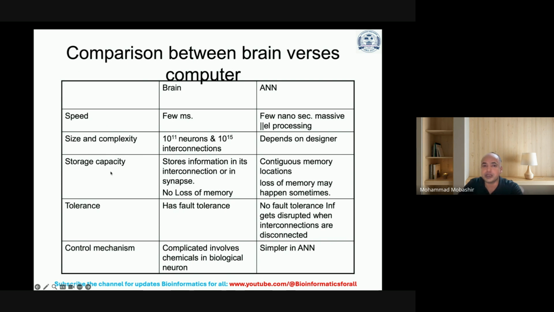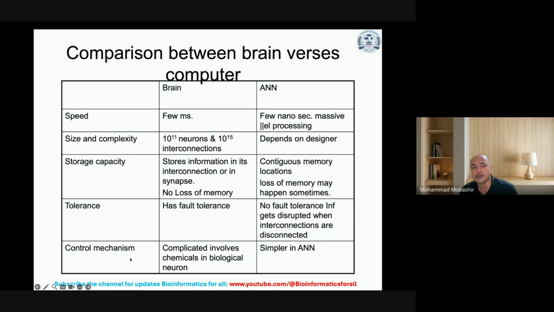For storage capacity, the brain stores information in its interconnections, or in the synapse, with no loss of memory. But here, with continuous memory locations, loss of memory may happen sometimes. The human brain has fault tolerance, while the ANN has none, and gets disrupted when interconnections are disconnected. So these are the potential differences between the human brain and the artificial neural network.